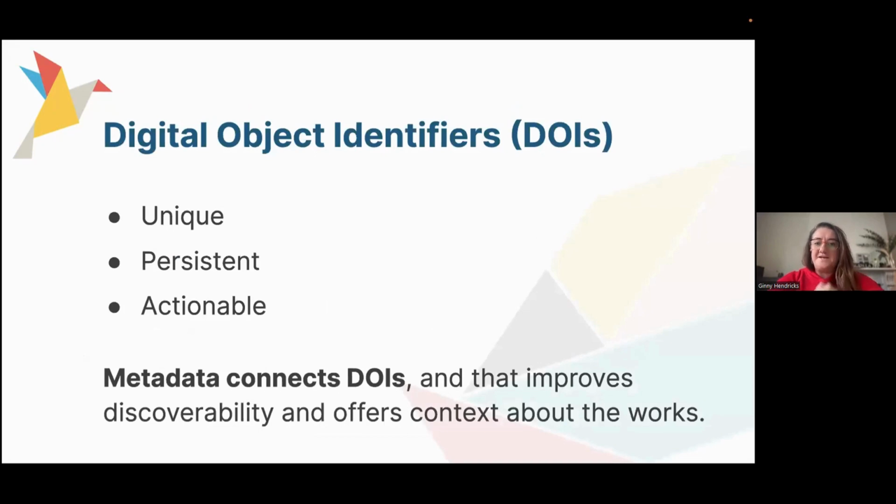So digital object identifiers are pretty core to metadata and to Crossref. We are a member of the DOI Foundation that was set up at the end of the 90s, 1998 or 1999, and Crossref was the first agency to join that nonprofit, and we are the largest and the most global.